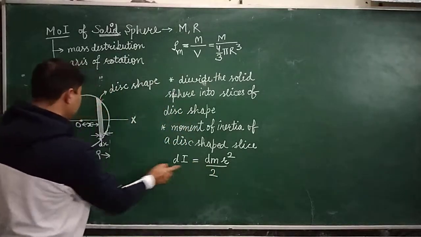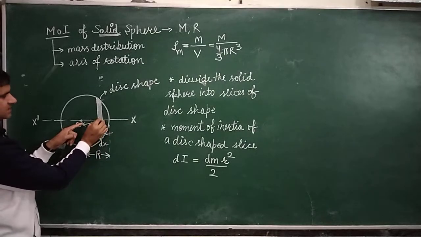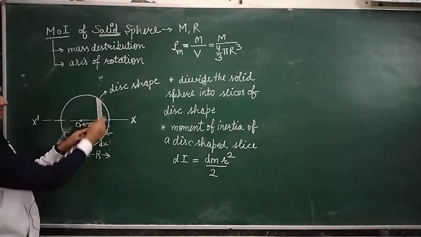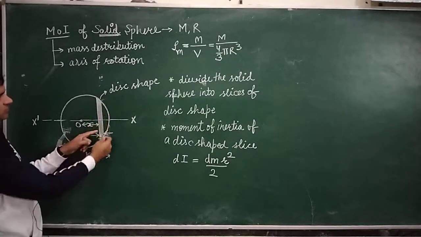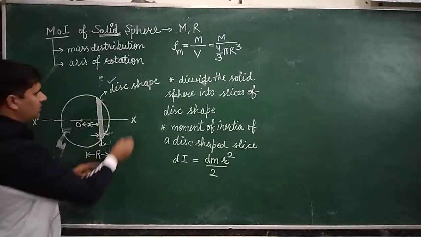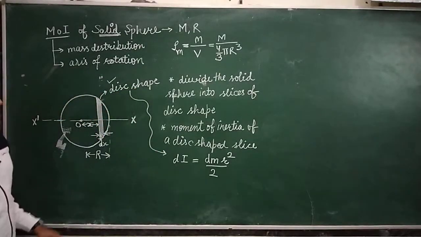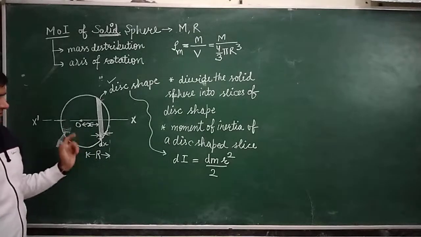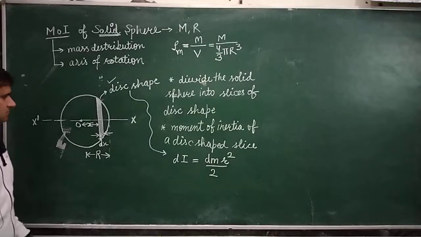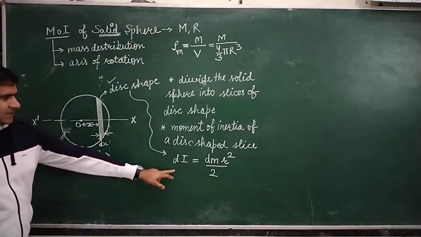Why this formula? Because this x-axis is passing through the center of this disc and perpendicular to the surface of the disc. So the moment of inertia about that axis is given by this formula. If we make use of diameter, then the formula will be m r square by 4. So here this is our case.